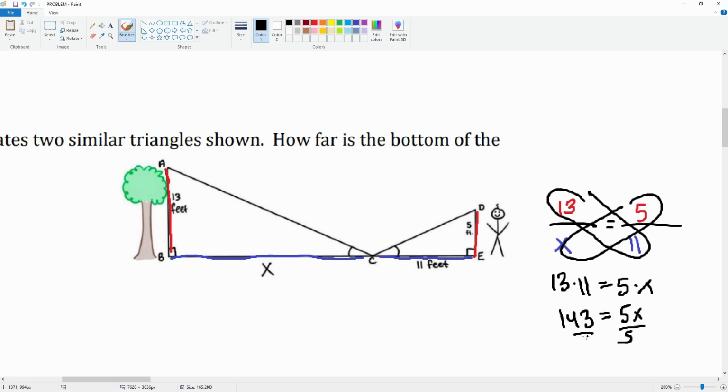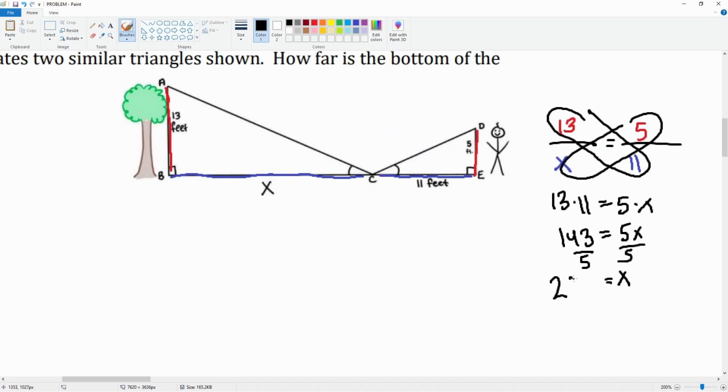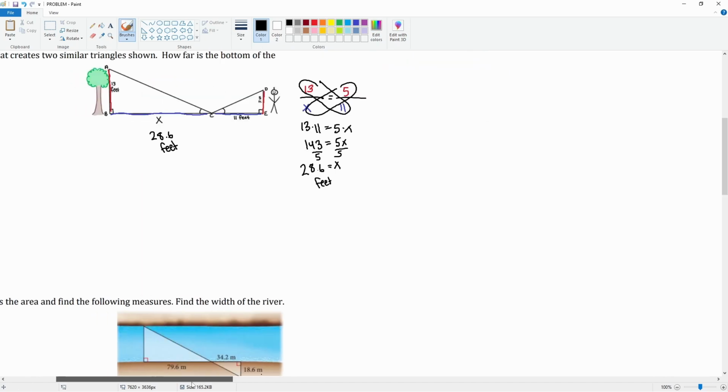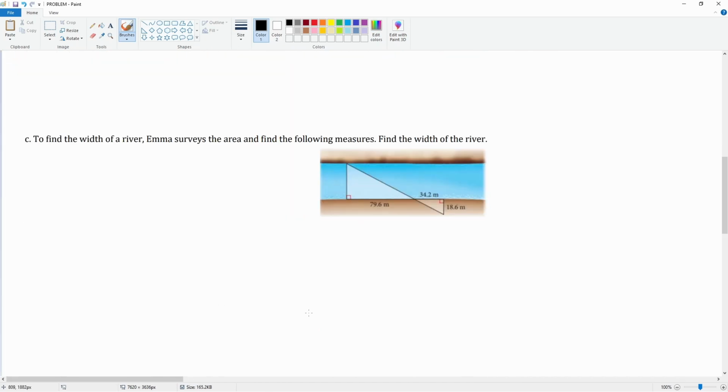Divide by 5 to both sides. 143 divided by 5 gets you 28.6. And feet, of course. So this is 28.6 feet right here. Good.